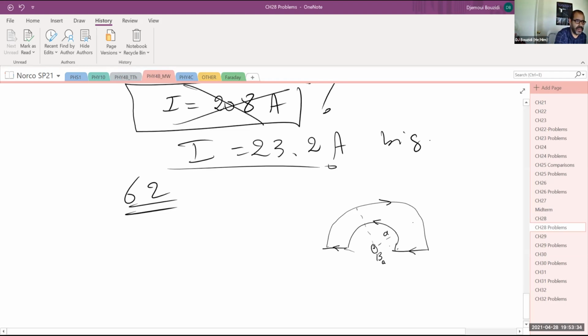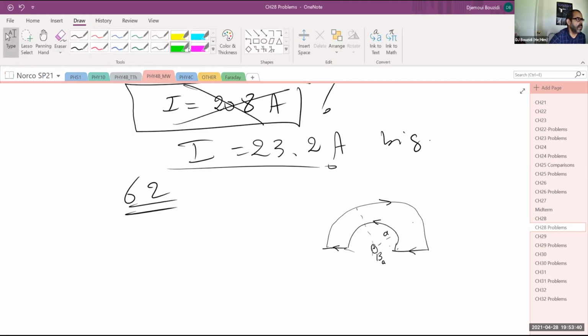So the second one in here, which I'm going to call BB, which I'm going to draw in red, is going into the screen actually. And then the magnetic field will be the sum of these two.